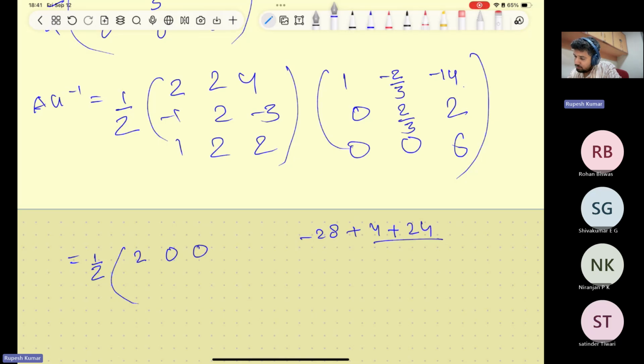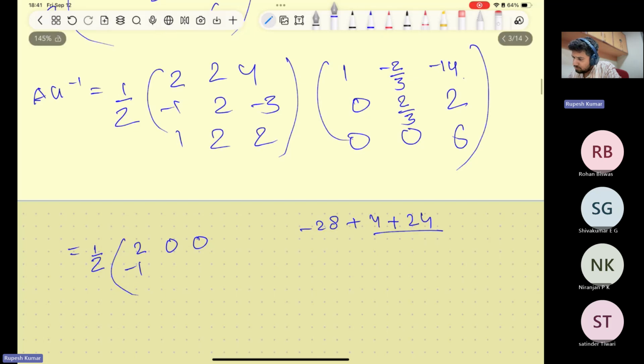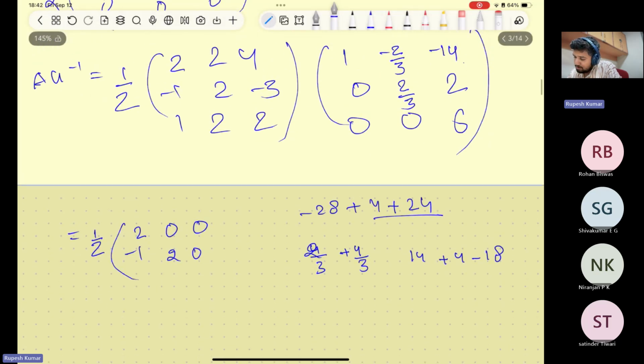Now again, you get minus 1, minus 1, minus 1 plus 1, this will be 0, but let's finish it. Plus 4 by 3 plus 2 by 3 plus 4 by 3, 6 by 3, 2. And then the last one will be 14 plus 4 minus 18, which is 0, right?